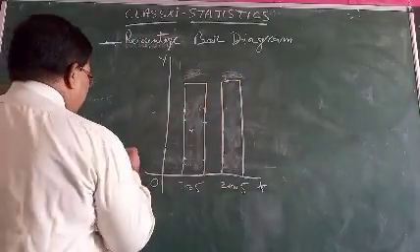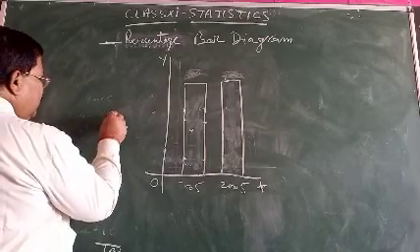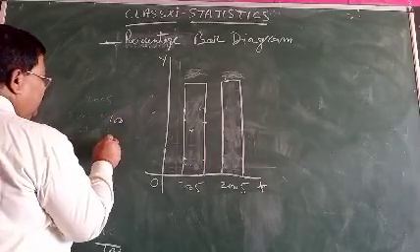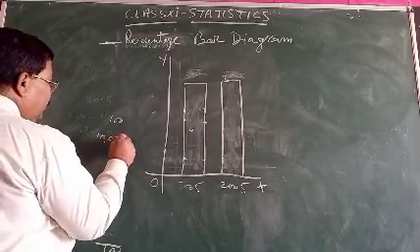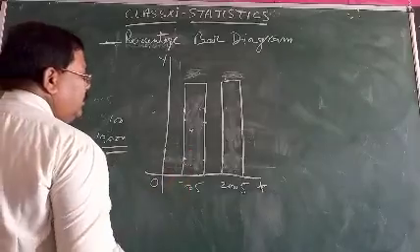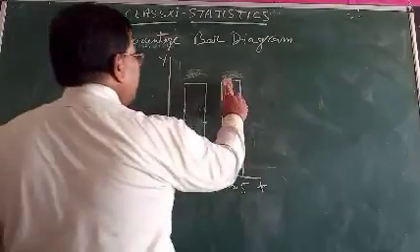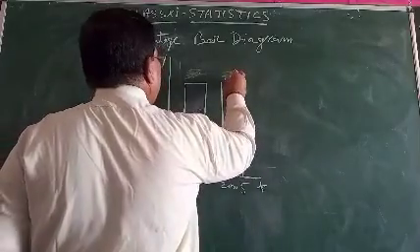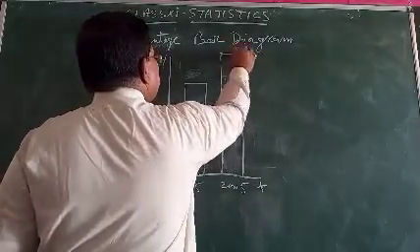Say one commodity's production in one year is 100, and in the next year it is say 10,000. Then how can we present it in the graph? So we will prepare the next bar as a broken bar in this way.